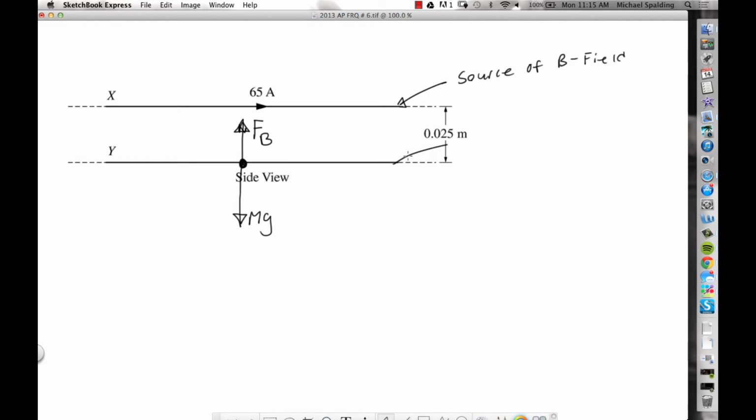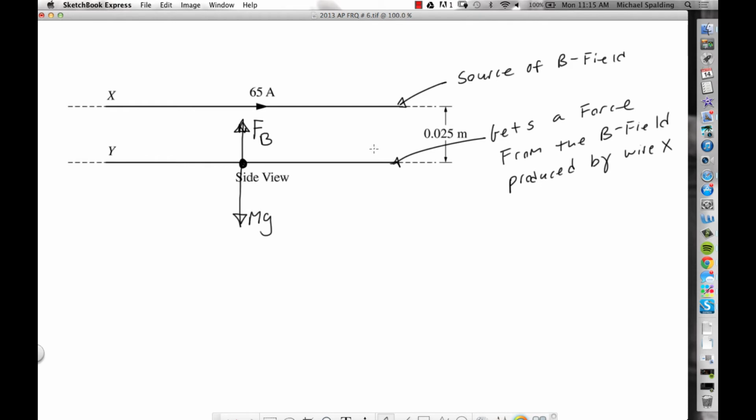And then wire Y gets a force from the B field produced by wire X, right? That's how you're going to think about this problem. Wire X produces the magnetic field, and wire Y is sitting in that magnetic field.